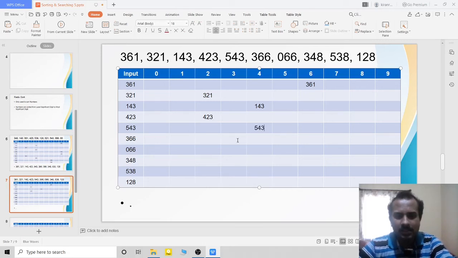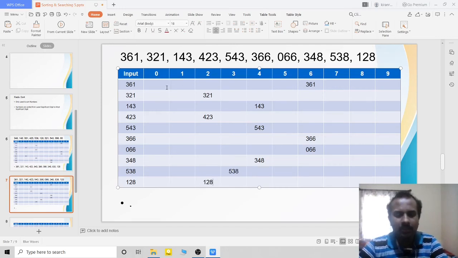Then 366 will come under 6. 066 will again come under 6. 348 will come under 4. Then 538 will come under 3. 128 will come under 2.